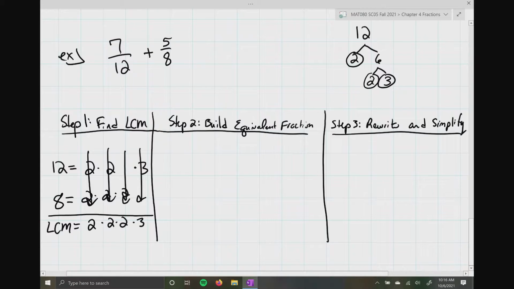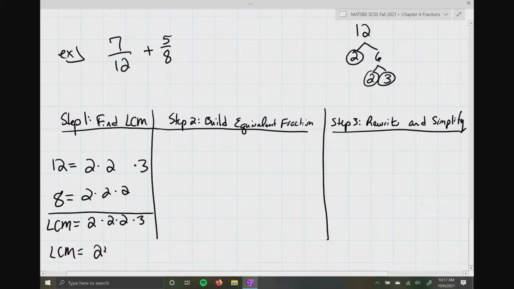Does that make sense, everyone? Therefore, my LCM is just a multiplication of those numbers. 2 times 2 times 2 is 8, and 8 times 3 is 24. So there's step one.